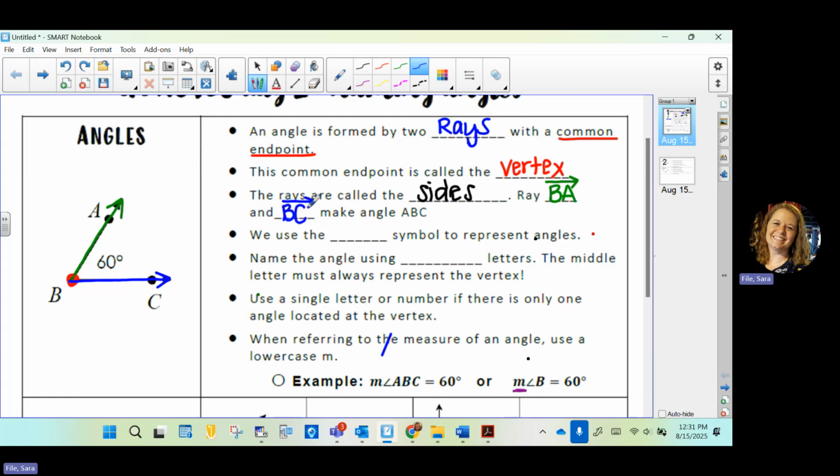They make angle ABC. Now notice the order of those letters, it's three letters to name the angle, and B is in the middle because B is the vertex. We use this symbol for angle. You're not going to have to write the word angle every time.